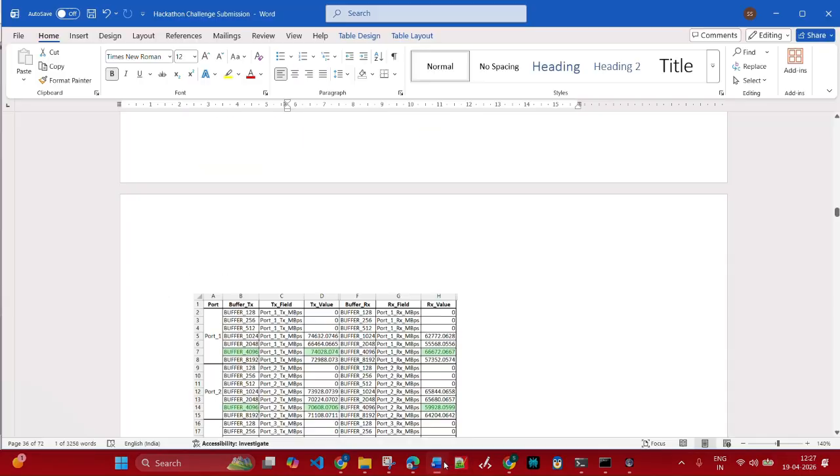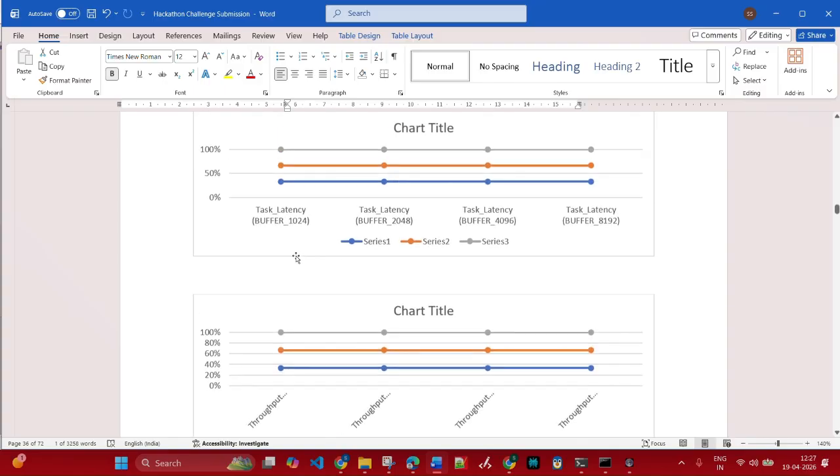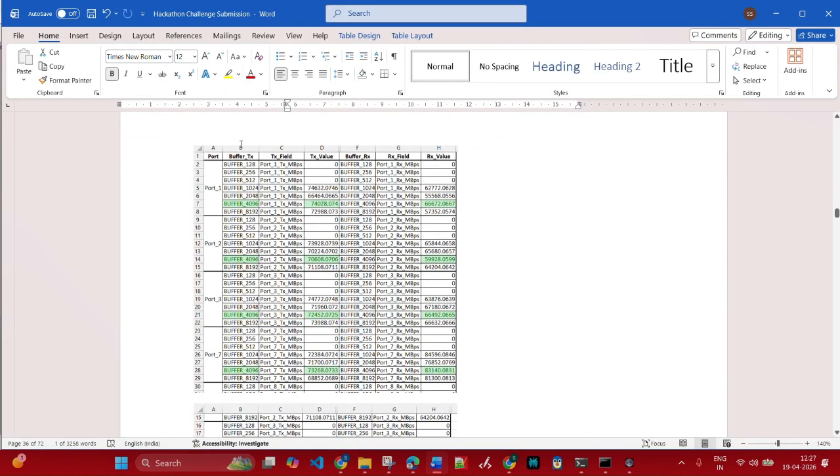If we come to these values, for example, let us consider this is a test scenario of 100% write. What I'm observing for port one is my TX and RX throughput values. For port one, these are the values. I'm seeing better usage for the 4K buffer size only.